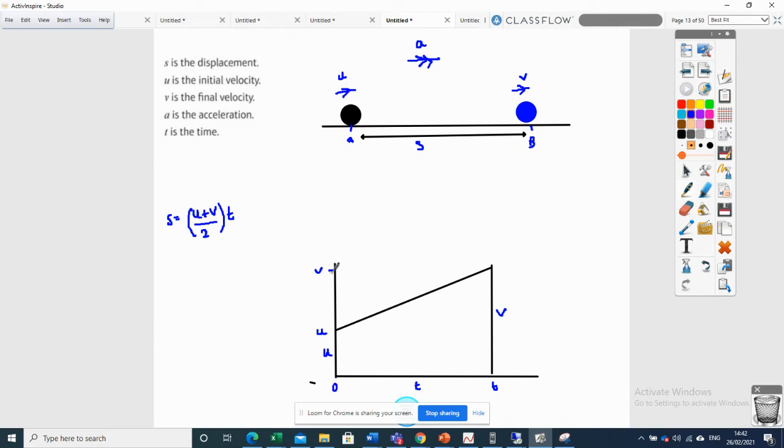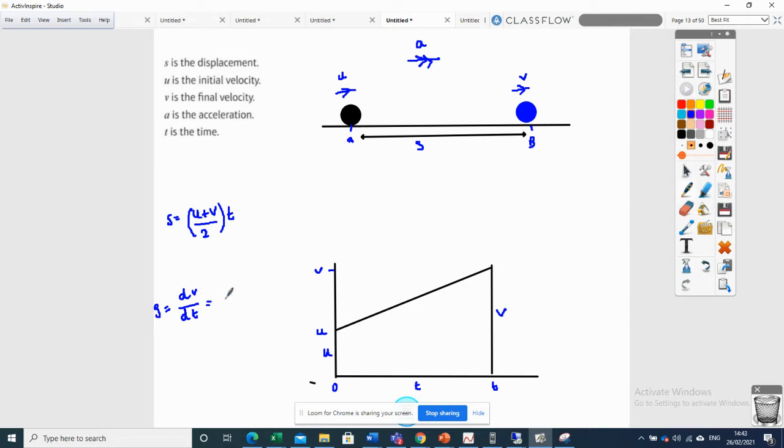Then we can also think about the gradient of the line. The gradient of the line is the change in velocity over the change in time.